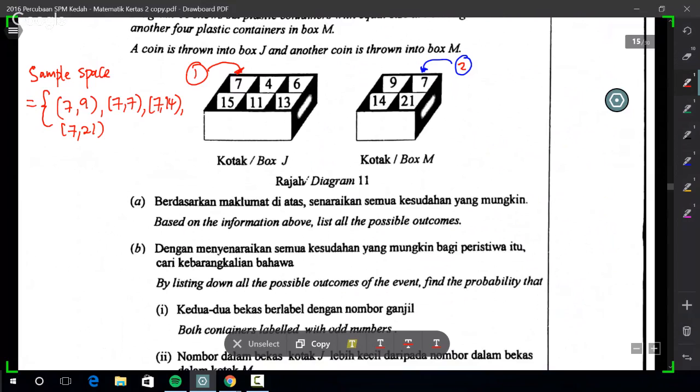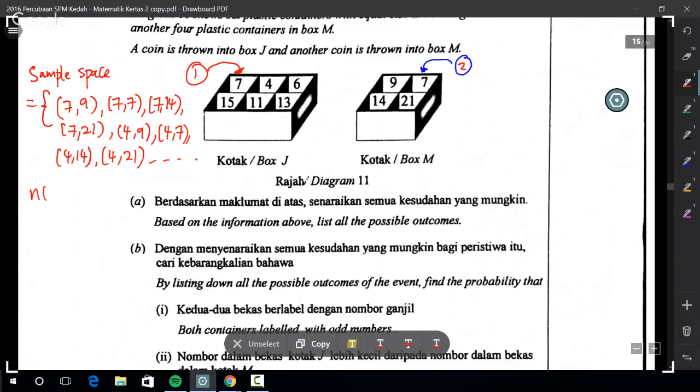I guess you get the idea, and then you have to write all. Let's say the first one is 4, it can be 4 9, and then 4 7, and then 4 14, and then 4 21, and then you keep on writing.